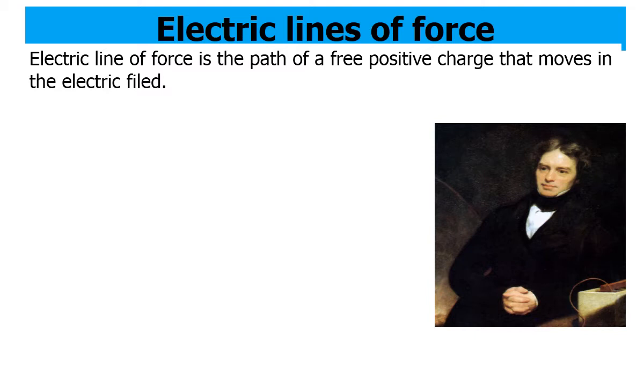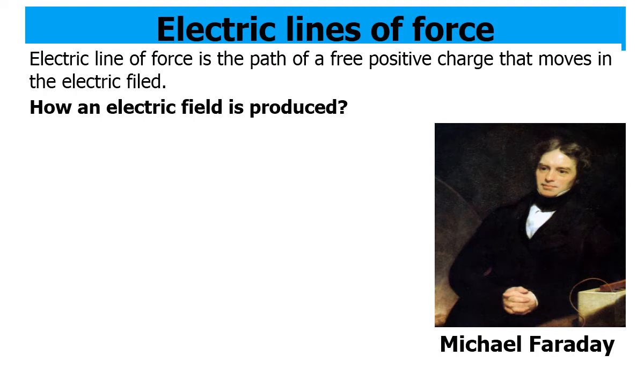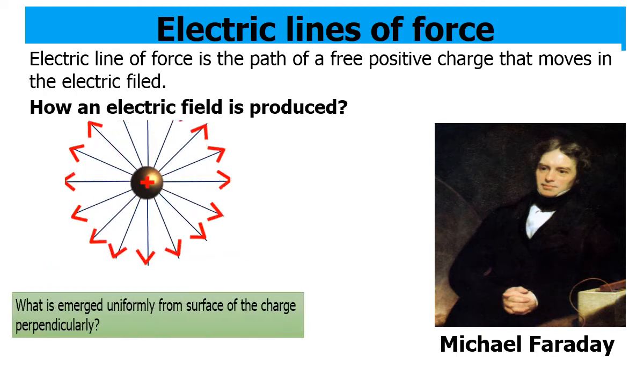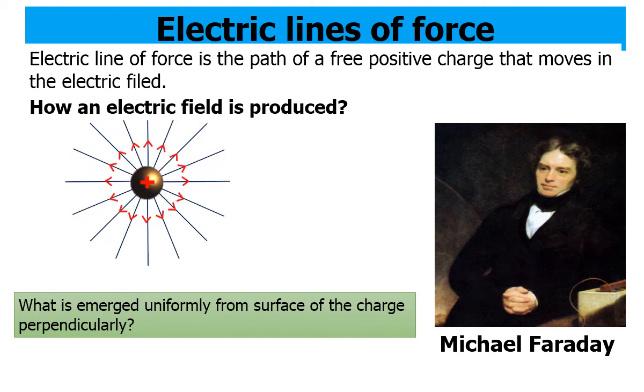And you can see the figure, the photo of Michael Faraday is given here, and how an electric field is produced. You can see here a positive charge, and what emerges uniformly from the surface of the charge perpendicularly, that is the electric line of force. It is an imaginary line, actually it has no real existence.